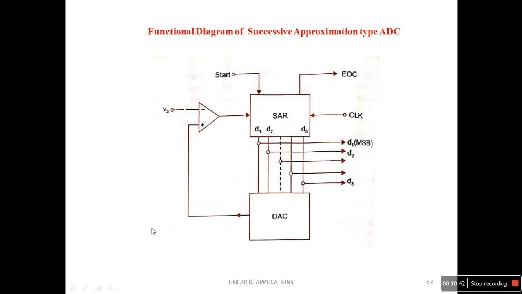Then it resets the 4 and goes for the next bit. That means we remove the 4 kg and keep the 2 kg weight. Then 8 plus 2 is 10, and both are equal. Then we can say the unknown weight is 10 kg.